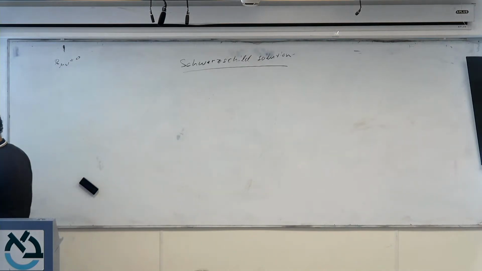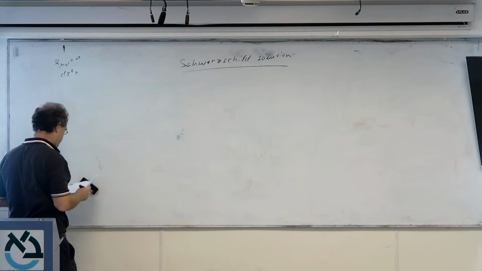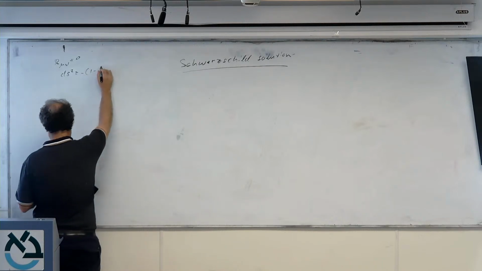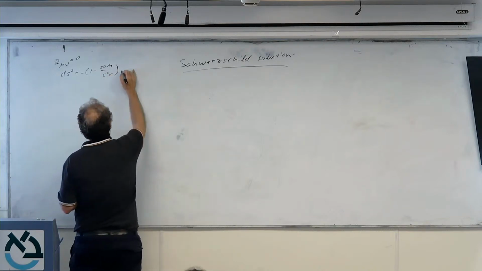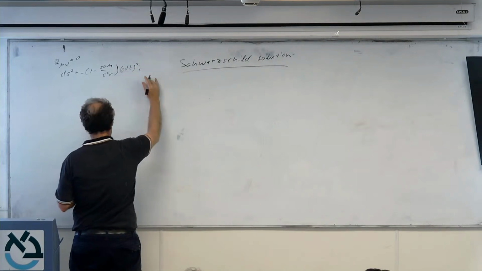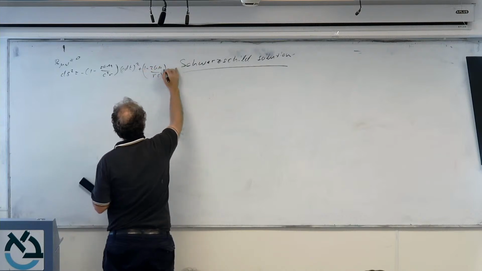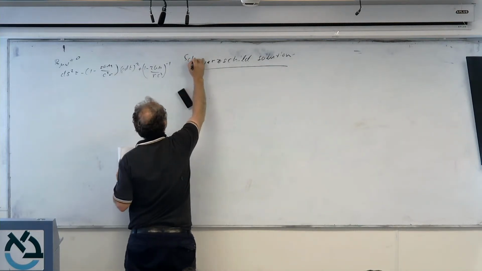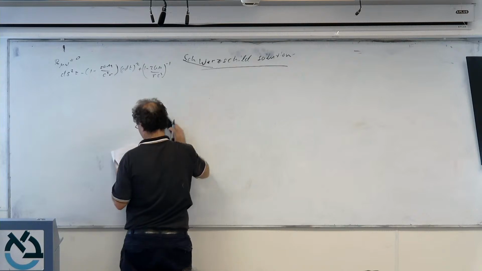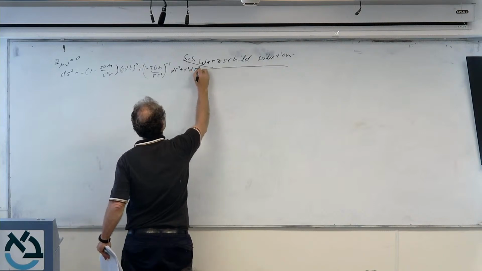That's Einstein's field equation in vacuum. And the Schwarzschild solution, which we derived, is ds squared equals minus (1 minus 2GM over c squared r) c squared dt squared plus (1 minus 2GM over r c squared) to the minus 1 dr squared plus r squared d omega squared.